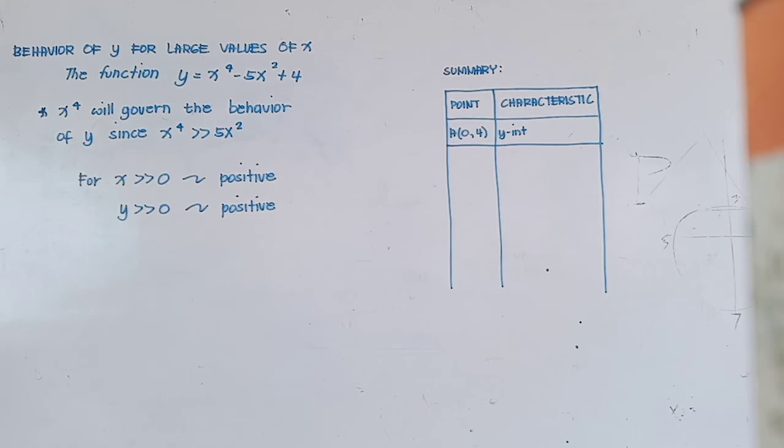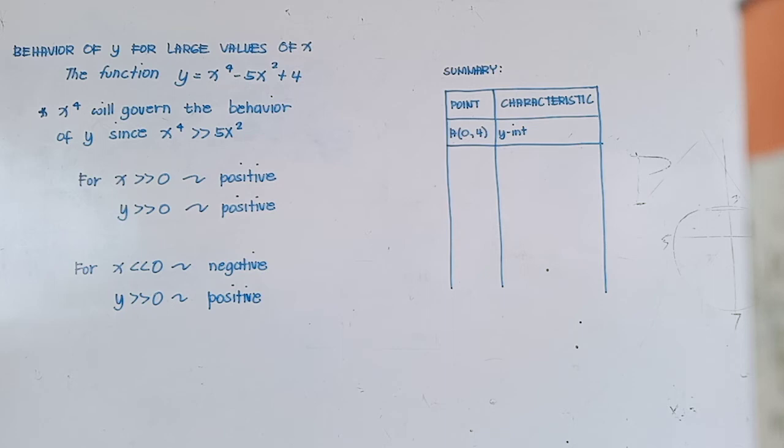So the behavior of y for very large values of x will depend solely upon x raised to 4. Based on that premise, whenever x is very much greater than 0, getting larger and larger, more and more positive, then the same thing is happening with y. On the other hand, when x is very much less than 0, getting more and more negative until x becomes very large but negative, our y will always be positive, because our governing expression in the function is x raised to 4.